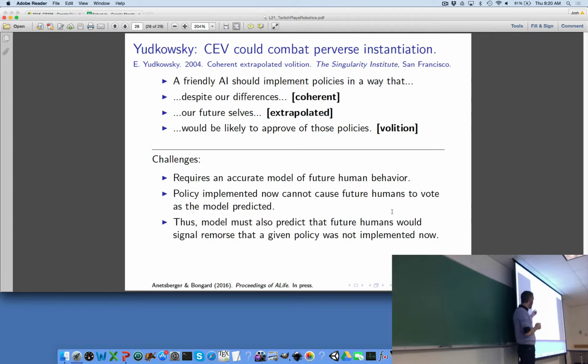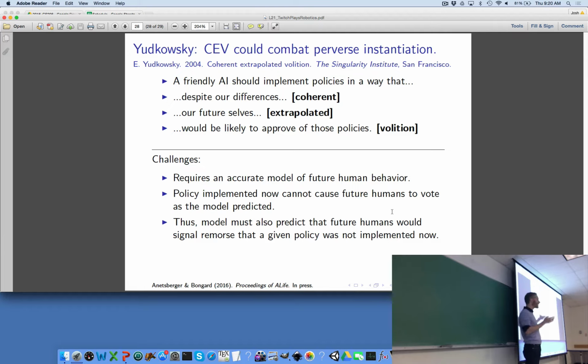The idea here is maybe not. The machine itself does not need to share our values as long as it understands our values and can predict our responses to policies based on its understanding of our values, right? So if a machine has an accurate model of human behavior, the machine can say, I'm considering policy A and policy B. I wonder how people will respond to A and how they will respond to B, right?